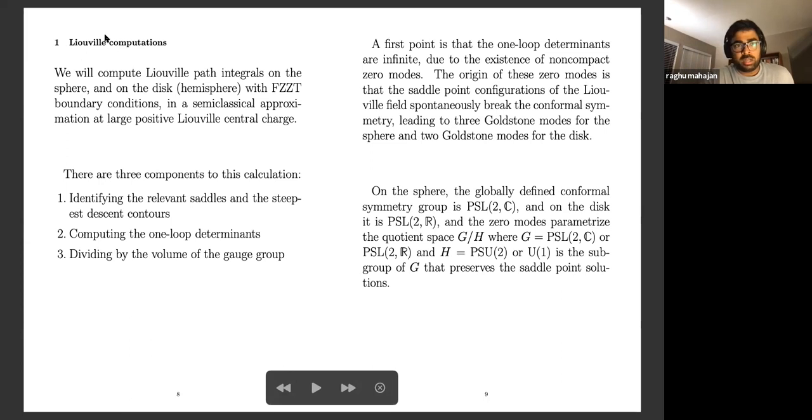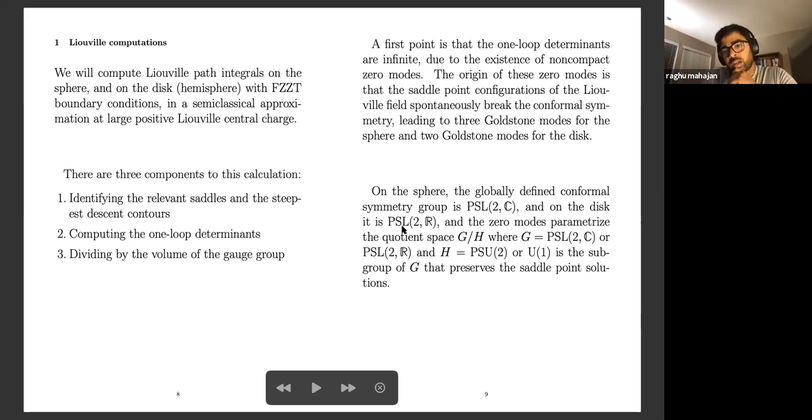As already discussed, in the one loop determinant, the quadratic fluctuations, there are zero modes. These zero modes are there because the saddle points break the PSL2C symmetry. Here is some more detail about what is broken and what is preserved. Out of PSL2C, SU2 is preserved because that's the isometry group of the sphere.